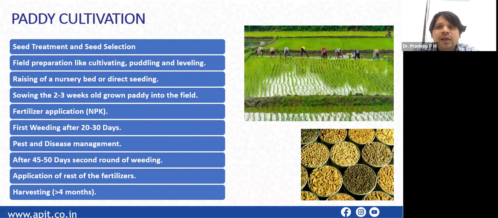The land where the paddy is cultivated has to be prepared. The preparation involves puddling, leveling, and loosening the surface sand or mud so that it can be easily accessed by the roots for germination. There are various ways in which you can cultivate the paddy.